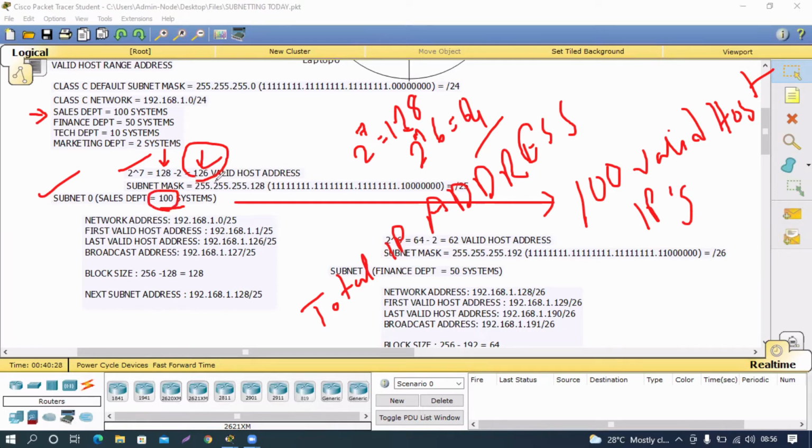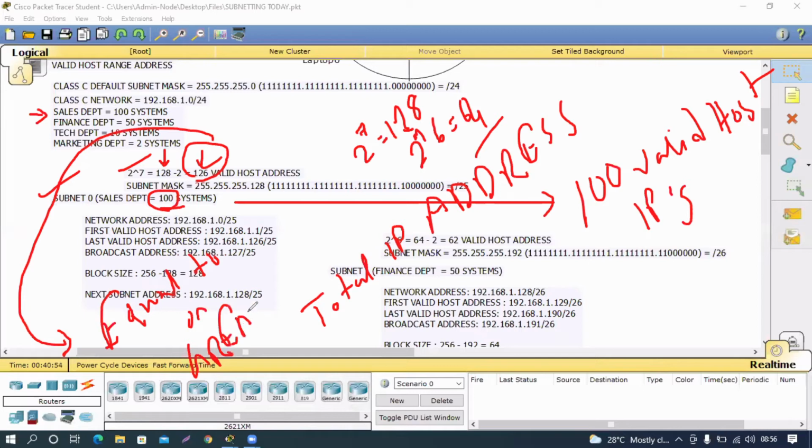Comparing this value, what exactly are you seeing? This value is bigger than 100, right? It should be equal to or greater than the requirement.